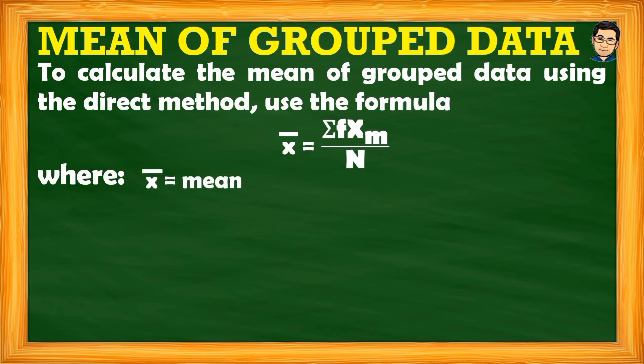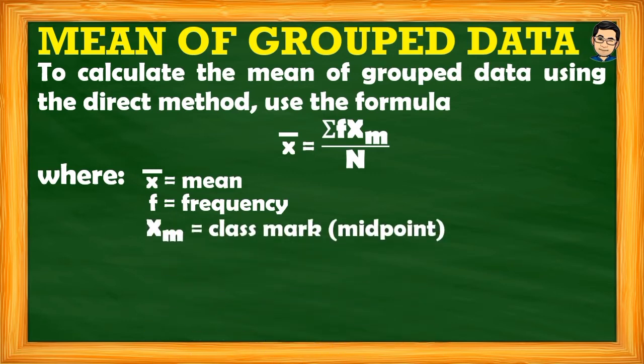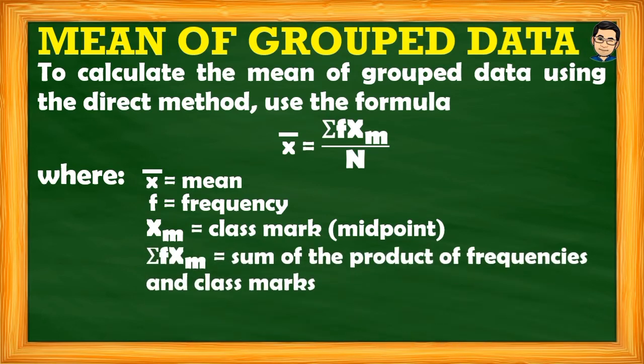X bar, that is mean. And then, f is the frequency. And then, x sub m, ito yung class mark. Yung class mark, mamaya i-discuss natin kung paano nakukuha yan. And then, summation of the sum of the product of frequencies and class marks.